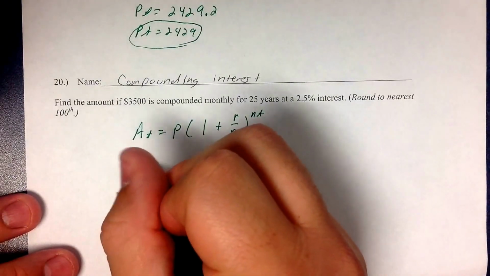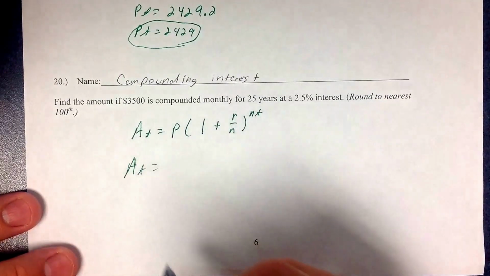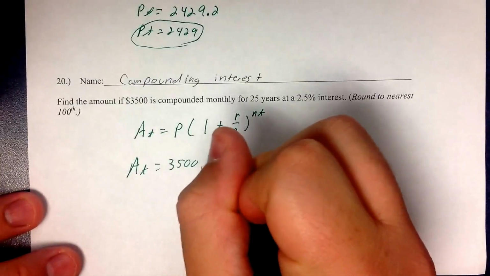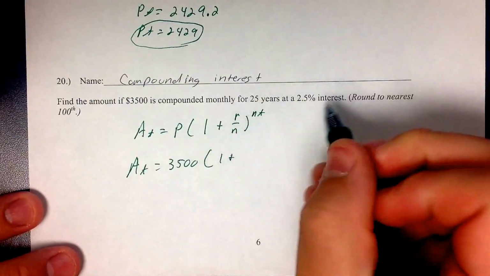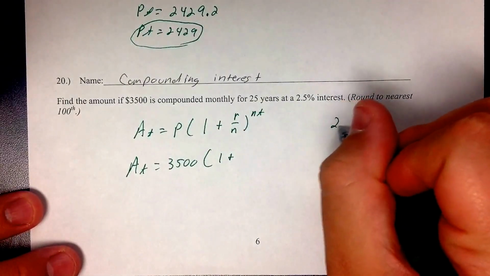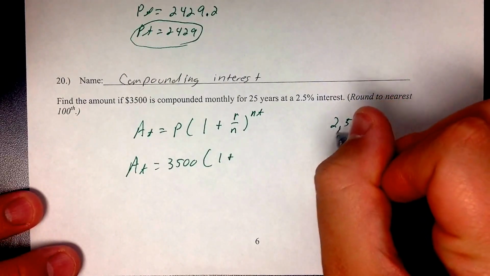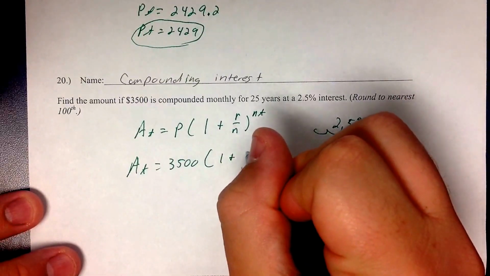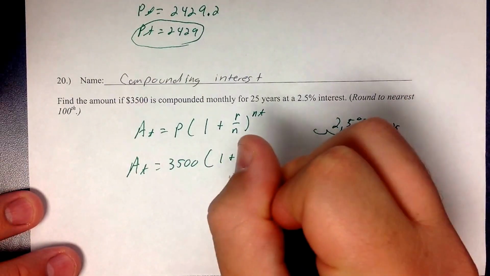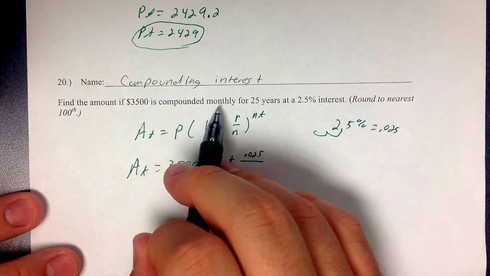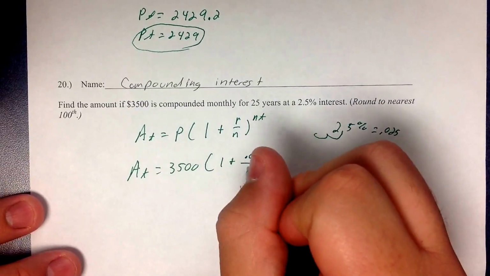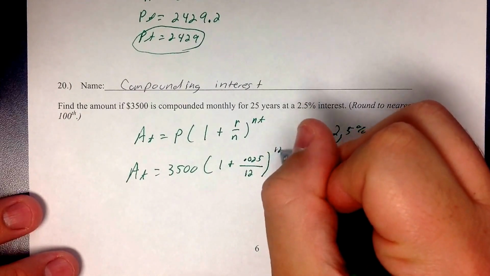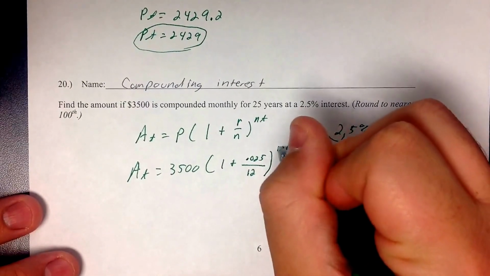And again, the P stands for the principal, or the amount I'm investing, which in this case is $3,500, times 1 plus the rate, 2.5%, move the decimal 2 to the left, would be 0.025. So 0.025 divided by n, I'm compounding it monthly, so I'm compounding it 12 times, so n is 12, and I'm doing it for 25 years.